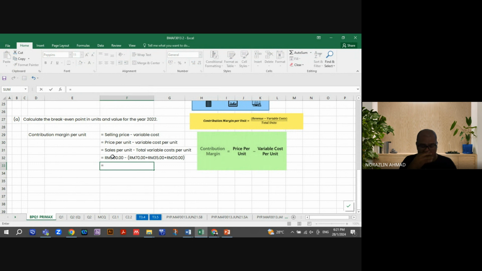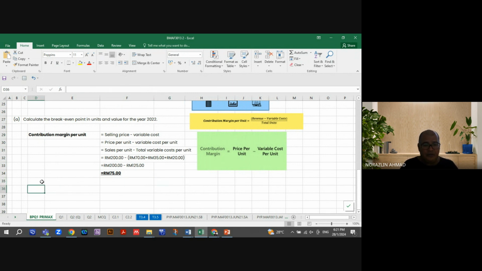Then you will get RM 200 minus RM 125, and the answer is RM 75. Contribution margin per unit.